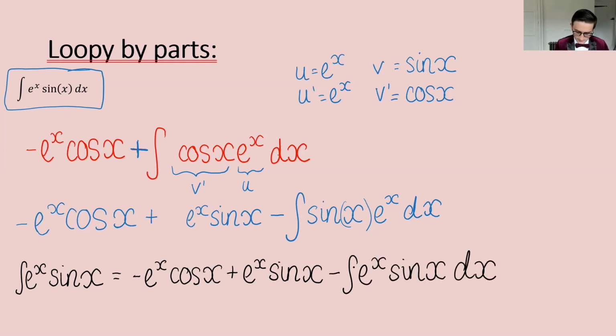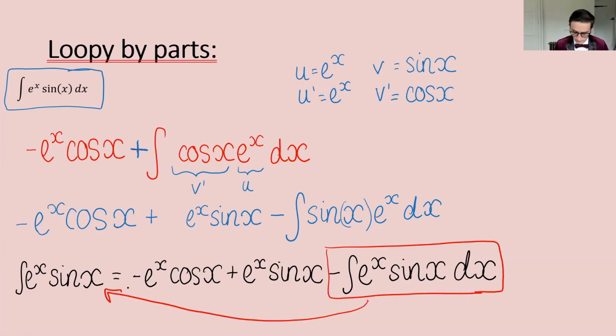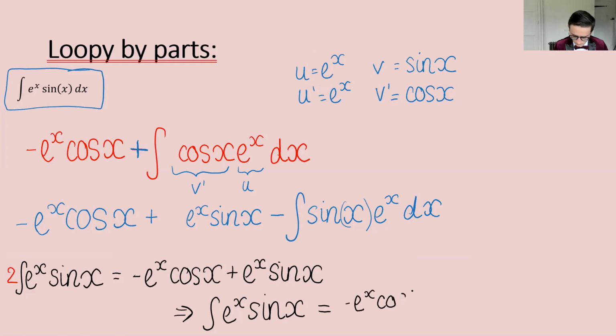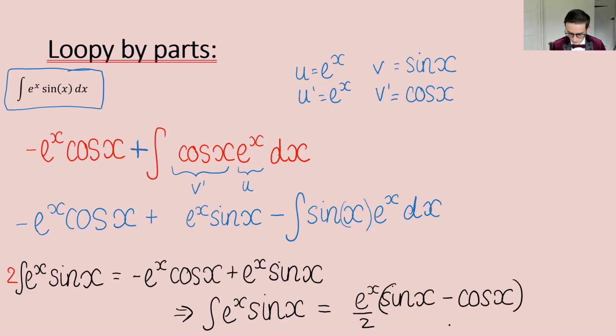If I add this thing that I'm trying to integrate to this side, what I end up with is basically 2 lots of that same integral. So 2 lots of that integral equals all of this, so 1 lot of that integral is all of this divided by 2. Or in other words, and then plus c. Cool, right.